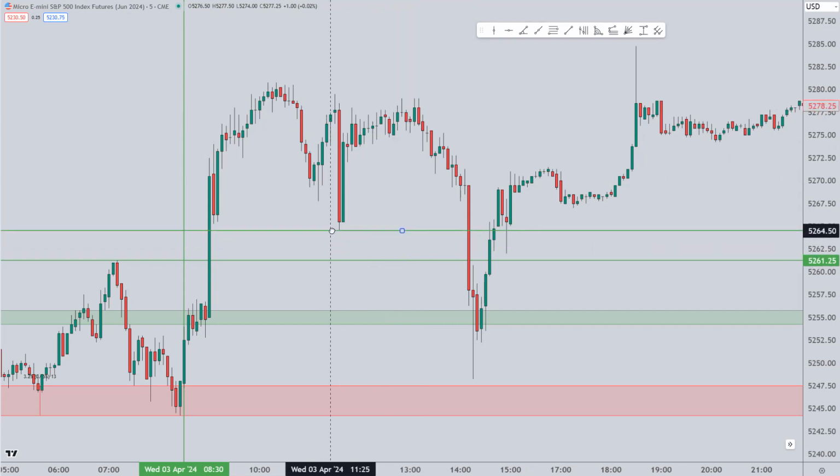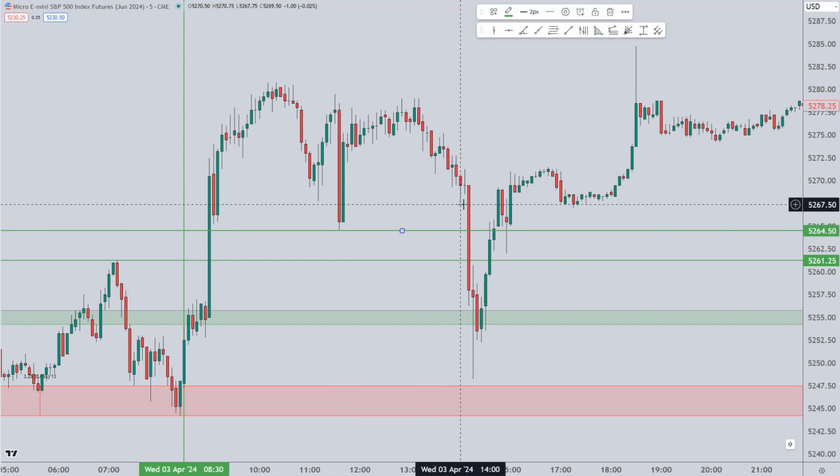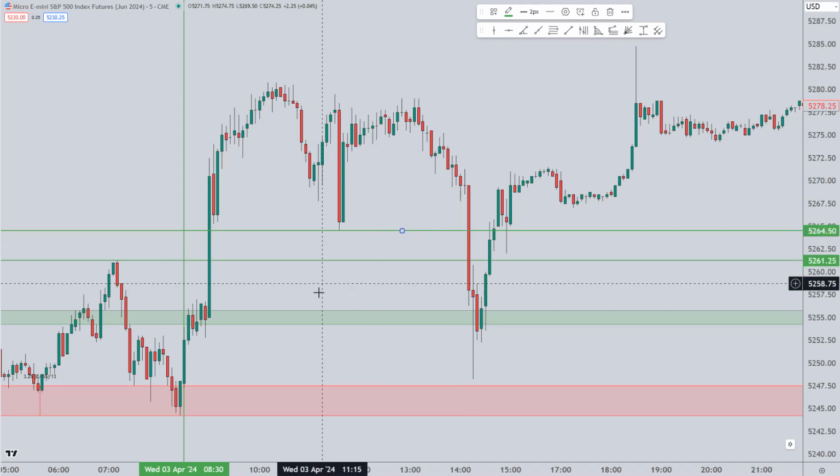So we would enter right here. But by the time the market actually breaks that level where we could go short, it's 10 minutes after 2 p.m. Central Standard Time, and our rules tell us we're not going to be getting into a trade that late in the day. So there's no second trade taken.